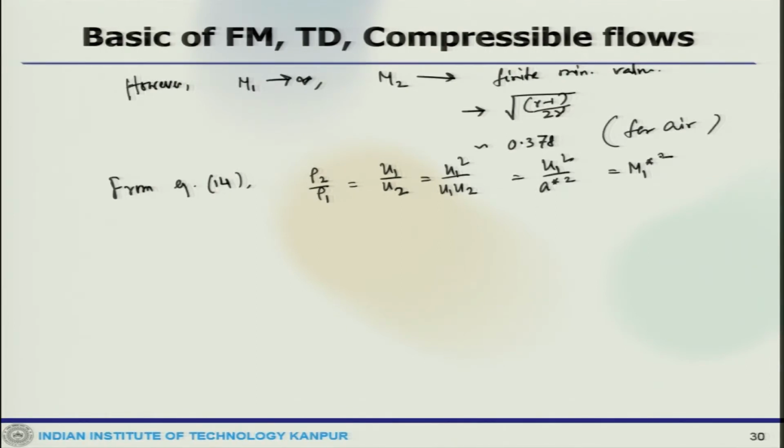So, that provides the relationship rho2 by rho1 equals u1 by u2 equals (gamma plus 1) M1 square by 2 plus (gamma minus 1) M1 square.